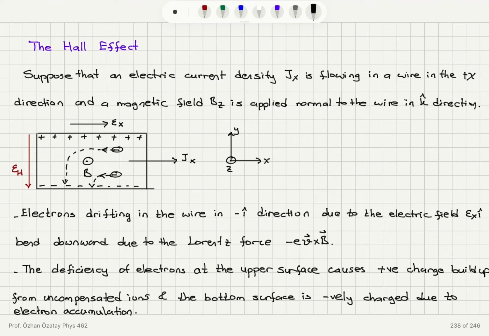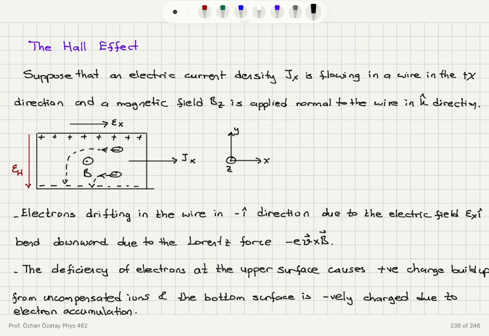The electrons drift in the wire in the minus i hat direction, because the current is in the plus i hat direction due to the electric field epsilon x, and will bend downwards due to the Lorentz force. You can see this using the right hand rule. Your fingers point in the direction of motion of electrons, and you curl them.